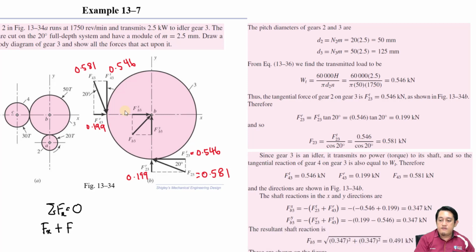So F radial for 3. And then the x direction of the other force is this one, F tangent to 3. Because the direction is negative, this one must be negative F tangent to 3.